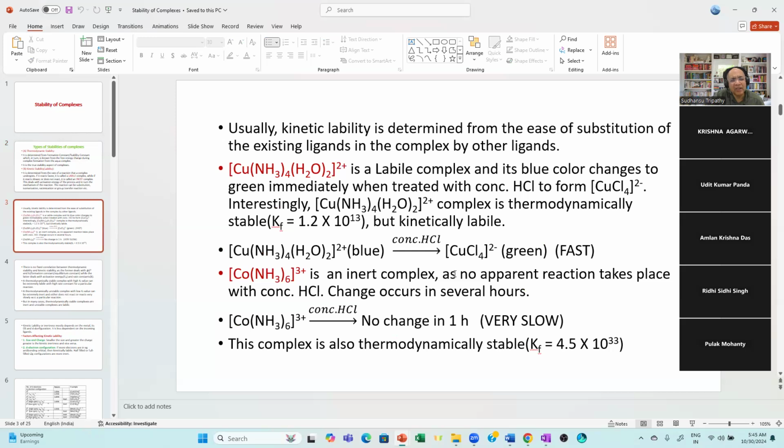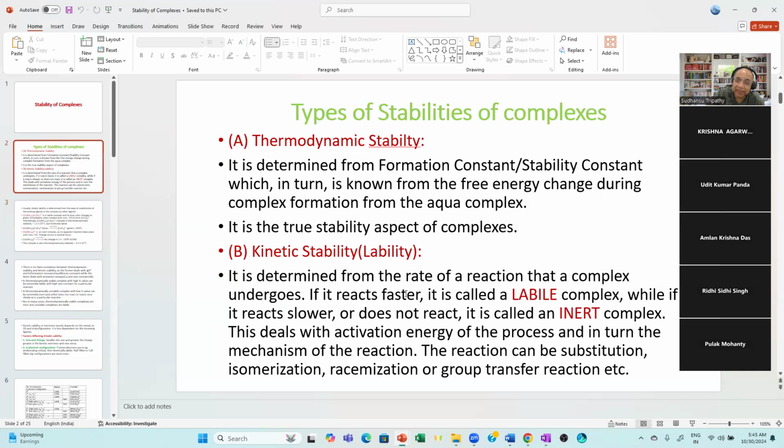Many of the factors are the same. Particularly, the kinetic stability doesn't depend on the nature of the ligand which will come to substitute. It is dependent mostly on the metal ion, the property of the metal ion, whether 3d, 4d, 5d, its oxidation state, and the number of d electrons.